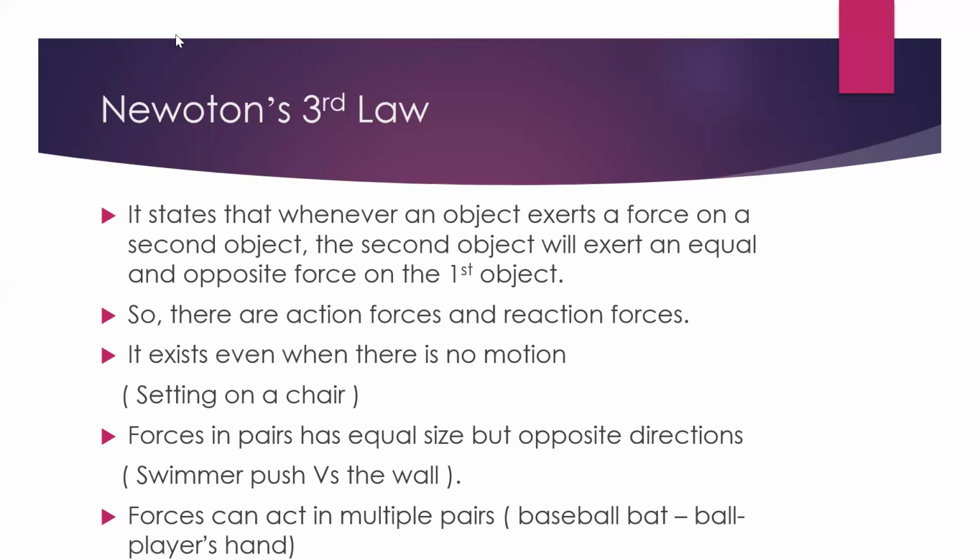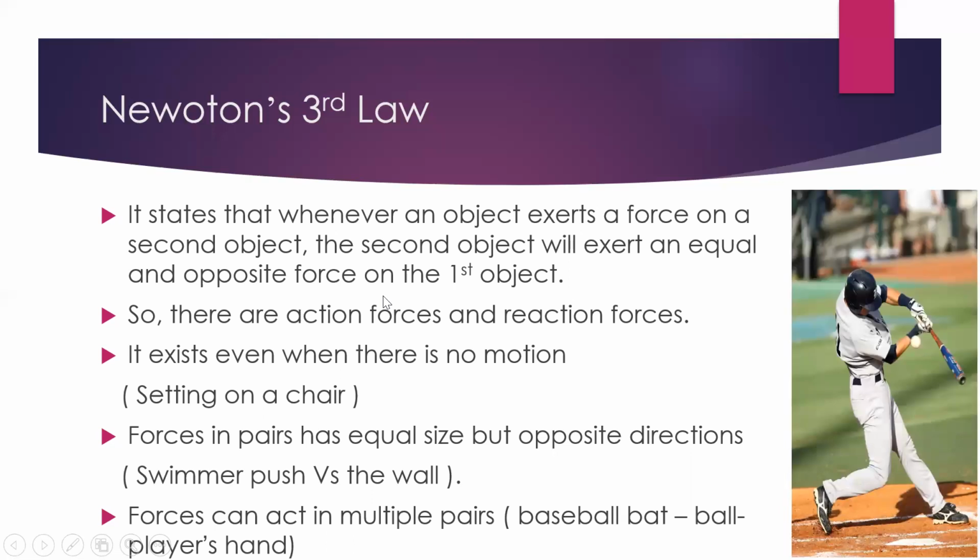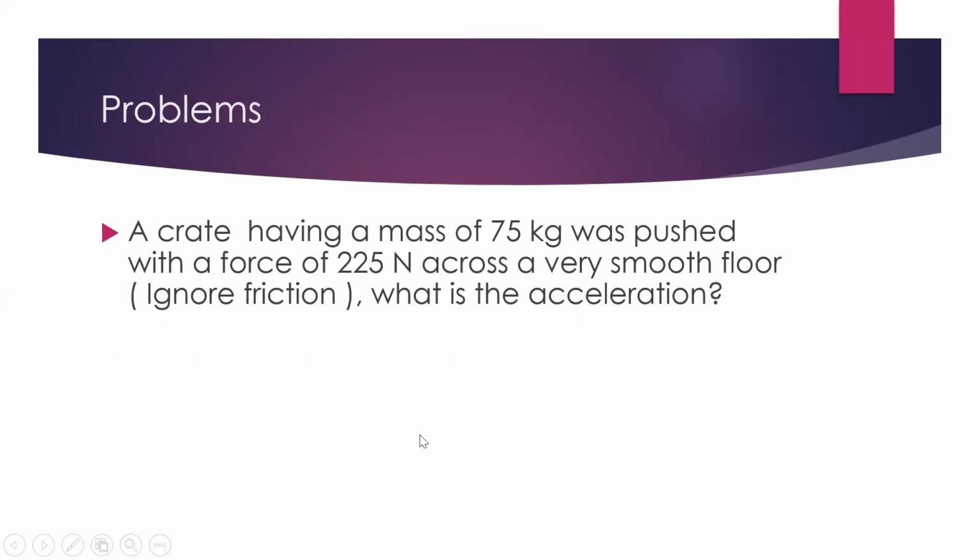But the meaning of Newton's third law is that each action has a reaction. So whenever an object exerts a force on a second object, the second will exert the same force, equal but in the opposite direction, on the first one. This is an example of the multiple pairs.